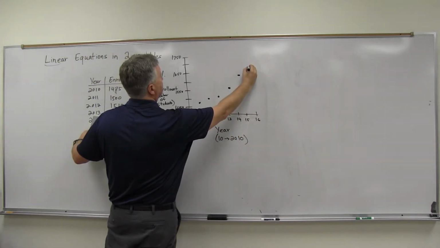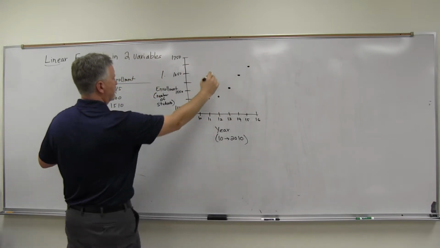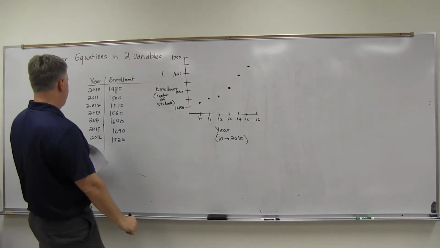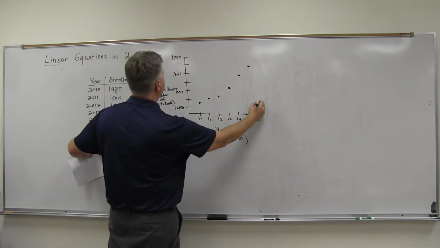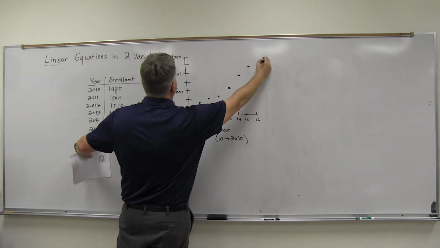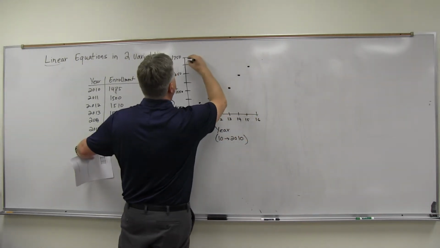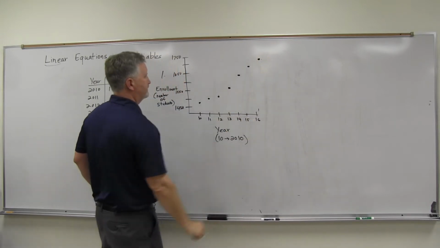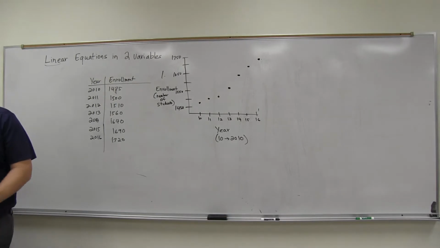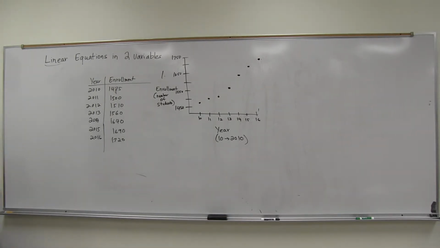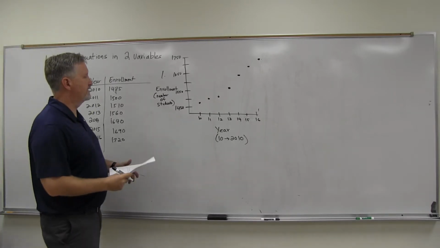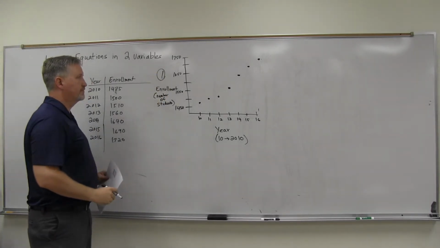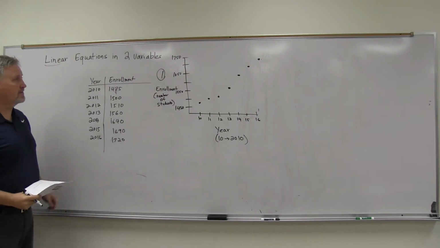Not quite to 1700 right there. And then 2016, we got 1,720, kind of in the middle here. All right. Scatter plot. So that's what we did in the previous section there.